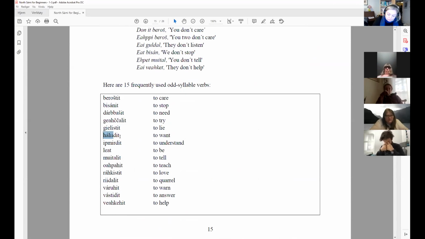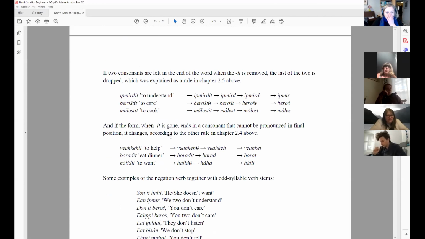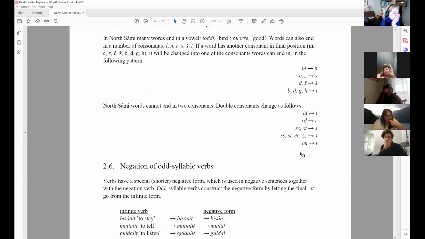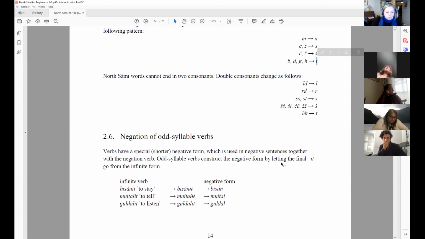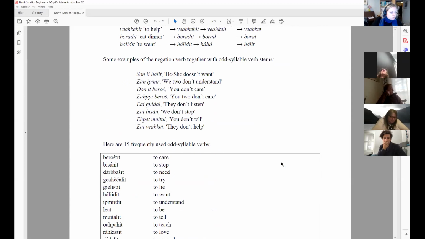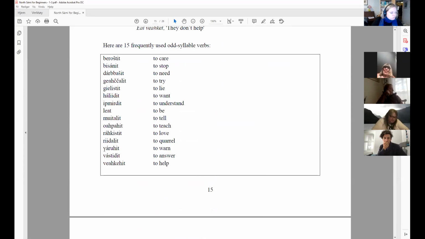And if you want to say I don't want, mon in, exactly, then you take away the it, but also you did something with the d. You made a t out of it in the same way as here in the rules. The d becomes a t in the ending position. So that's great.